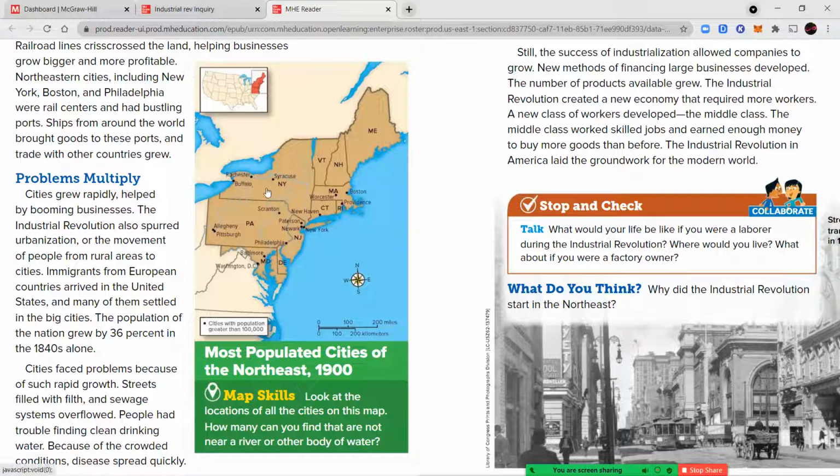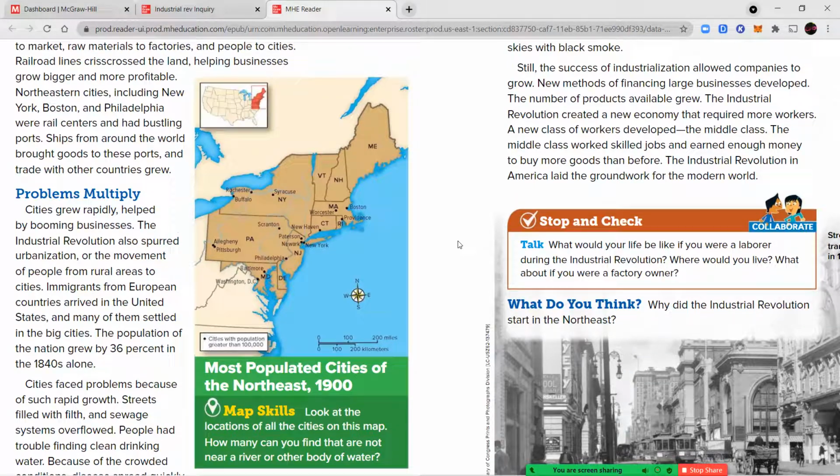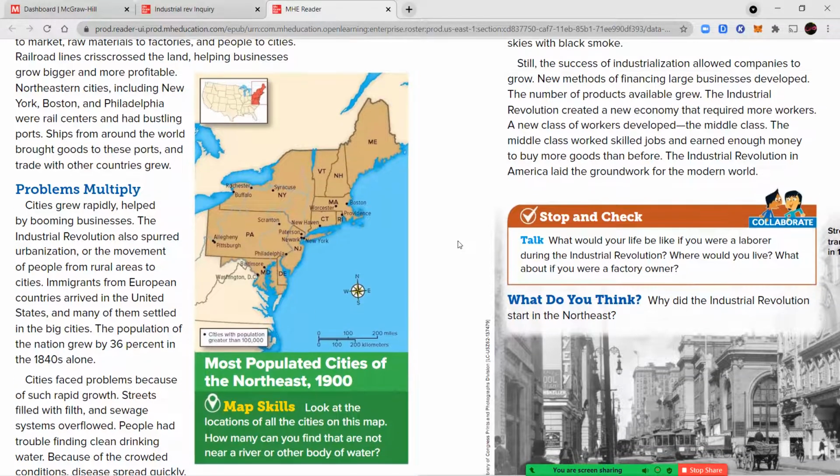People had issues finding clean drinking water. The cities were not ready to support that many people, and people moved in very quickly because they were moving in for jobs, to live closer to factories. And because it was happening so quickly, they weren't able to adapt as quickly as they needed to in the beginning.